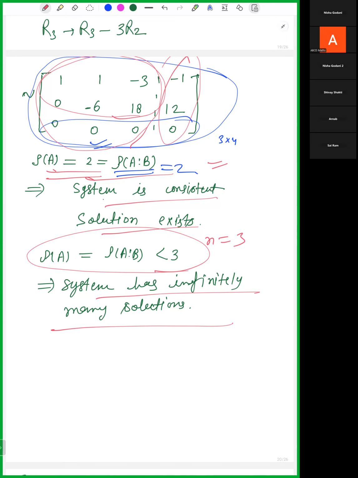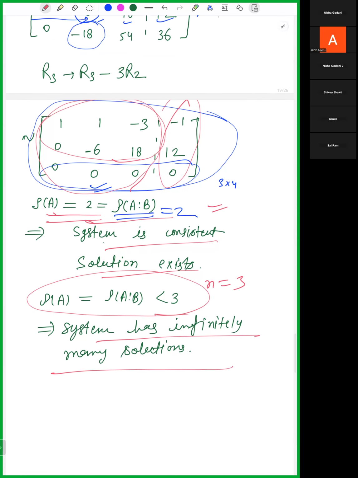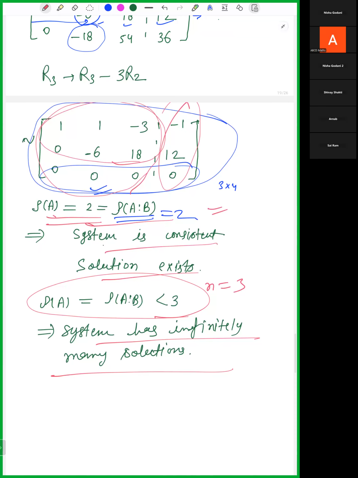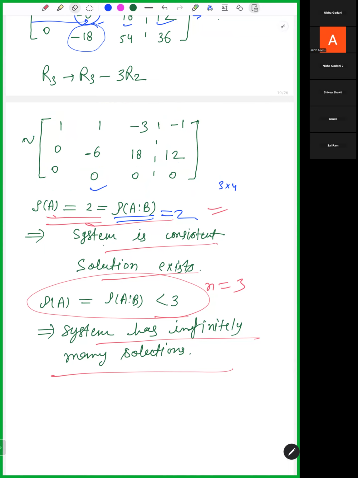You have to move from third row to first row. So third row gives you value of z, second row gives you value of y, and first gives you value of x. So in the first question, you did like this. But how to find solution in this case? Can you tell me how to find infinite solution in this case?